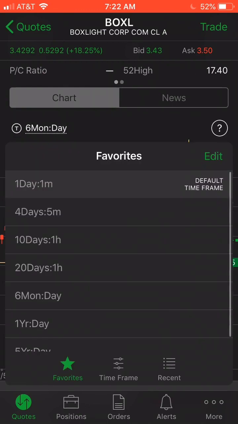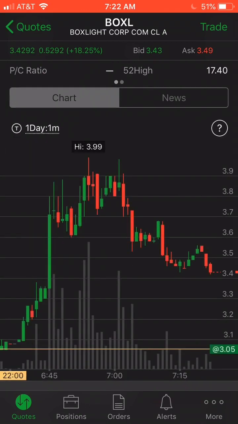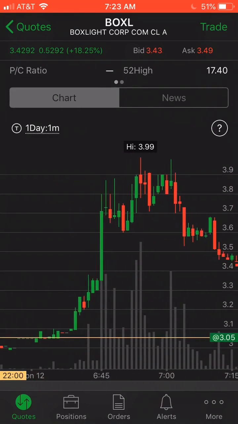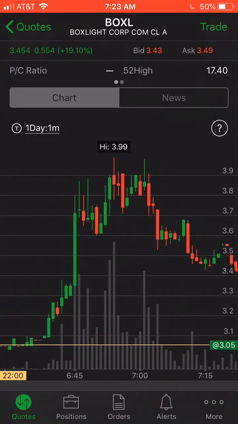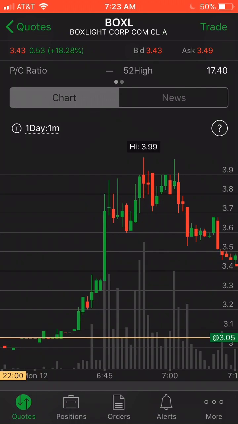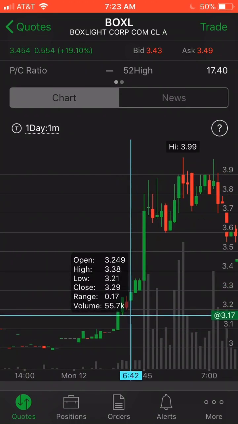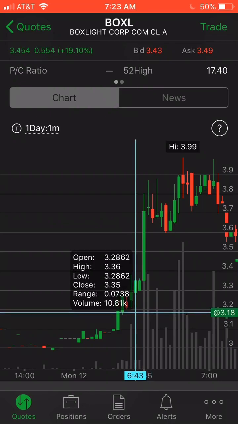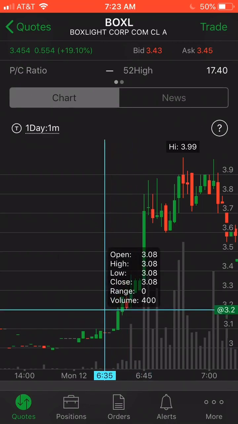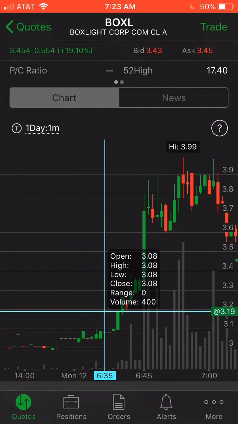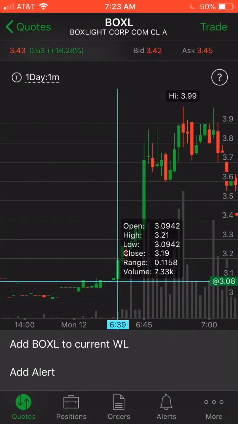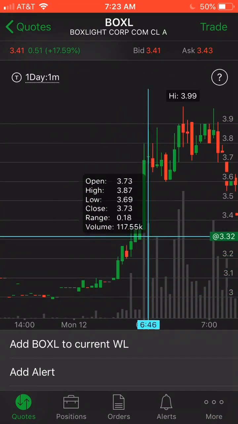So on the 1 minute chart, yeah, it did basically double top, we said. And let's see here. So it opened at 6:30, and then it started spiking here.